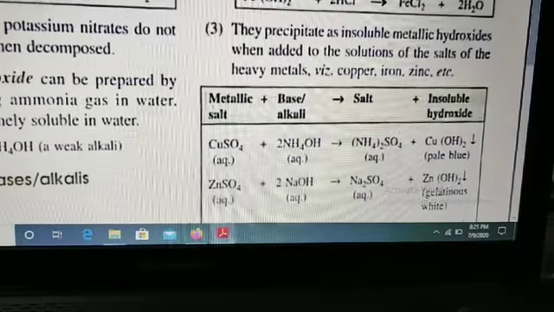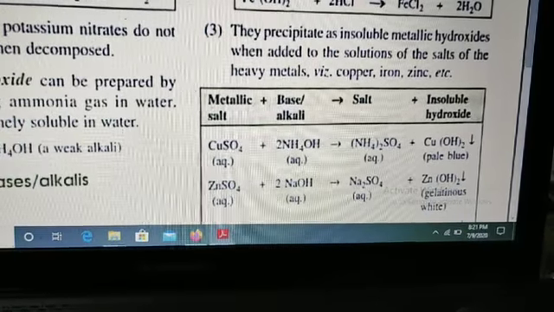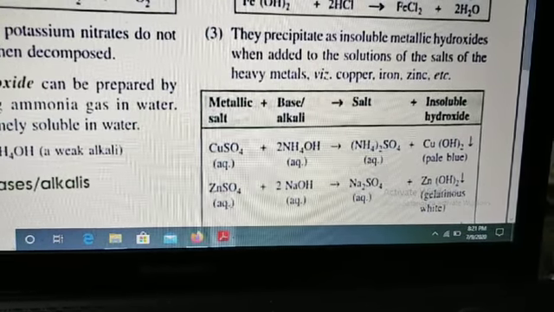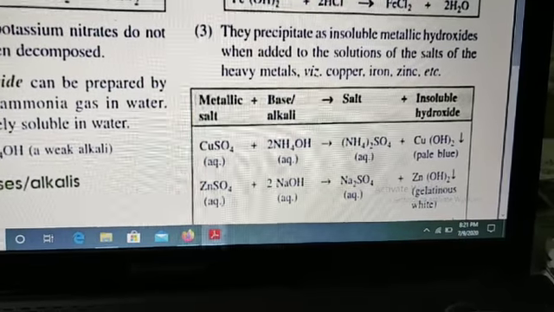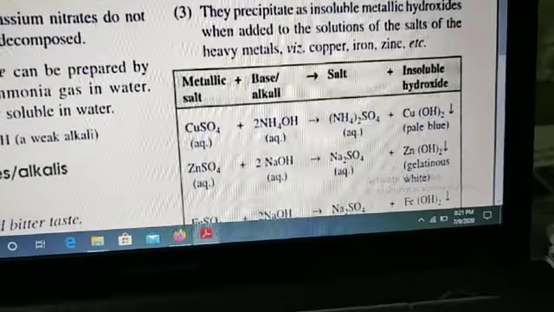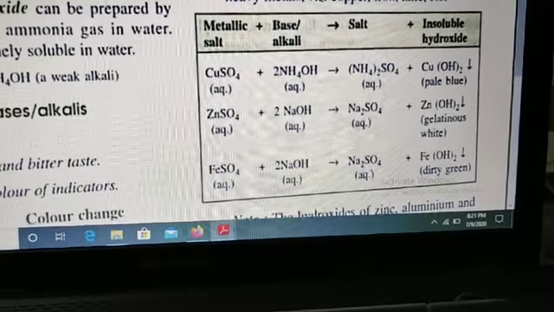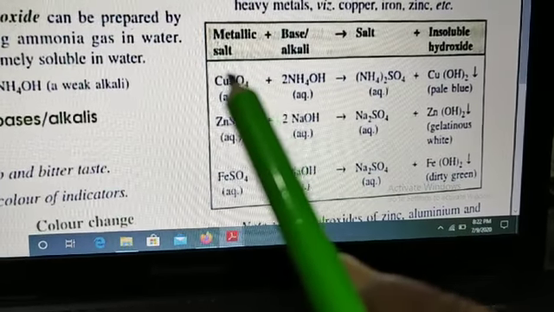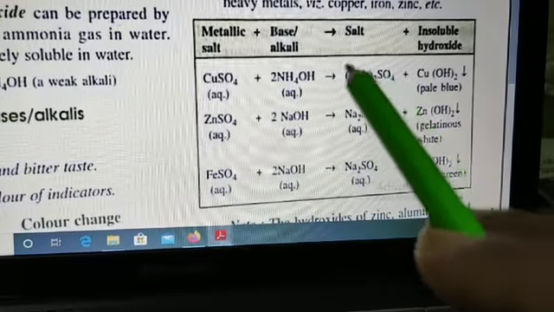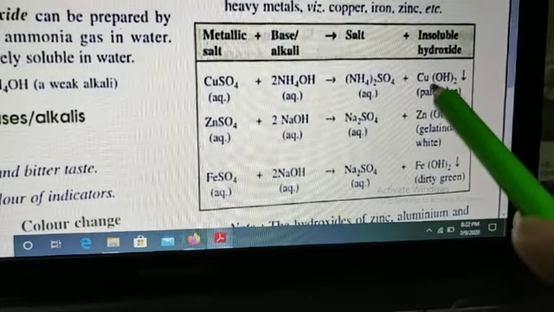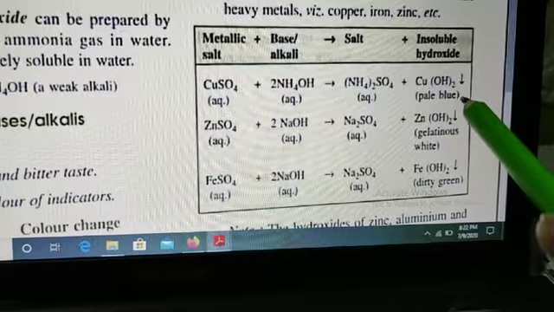Next, reaction number 3. If you have a metallic salt reacting with the base, it forms salt and insoluble hydroxide. That means it will form a precipitate. For example, copper sulfate, a metallic salt, reacting with ammonium hydroxide will form ammonium sulfate and copper hydroxide, which is pale blue in color.